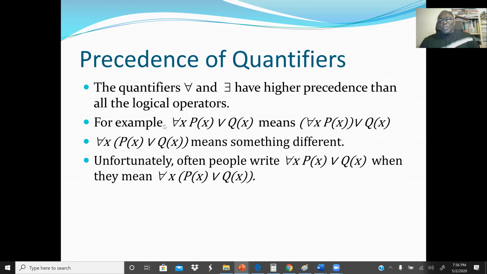So for example here, we say that for all x, P(x) or Q(x) means (for all x P(x)) or Q(x). So you see what is going on. Higher precedence means that I have to use the quantifier first, get the result, then use the or operator. So we get the result here before we compare with Q(x). So again, the quantifiers have higher precedence than the logical operators.